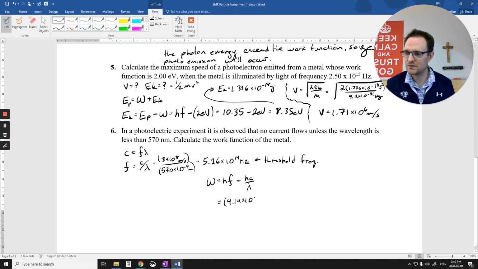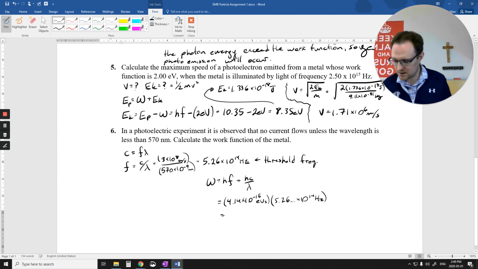I'm going to use the h for the eV because that's the better way to communicate these kind of numbers. And I have this number here. I got the number in my calculator, so there's more decimals to this than what I wrote down. And times them together. And I get a work function of 2.18 electron volts.